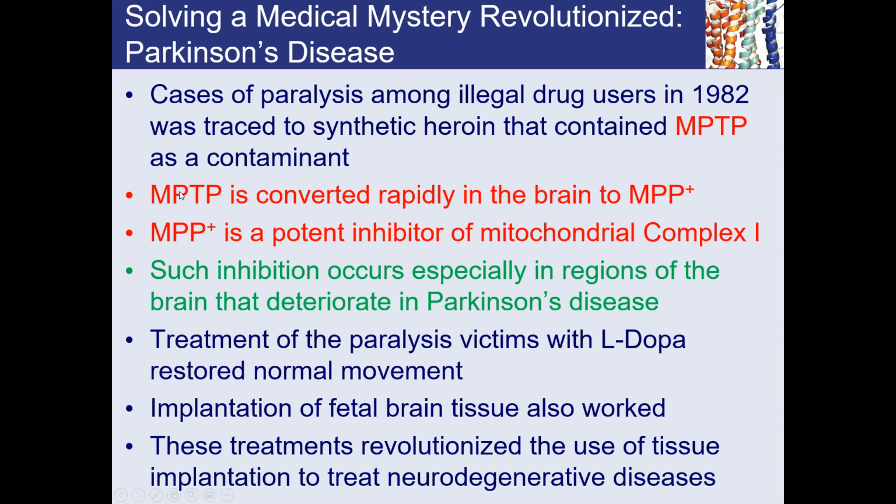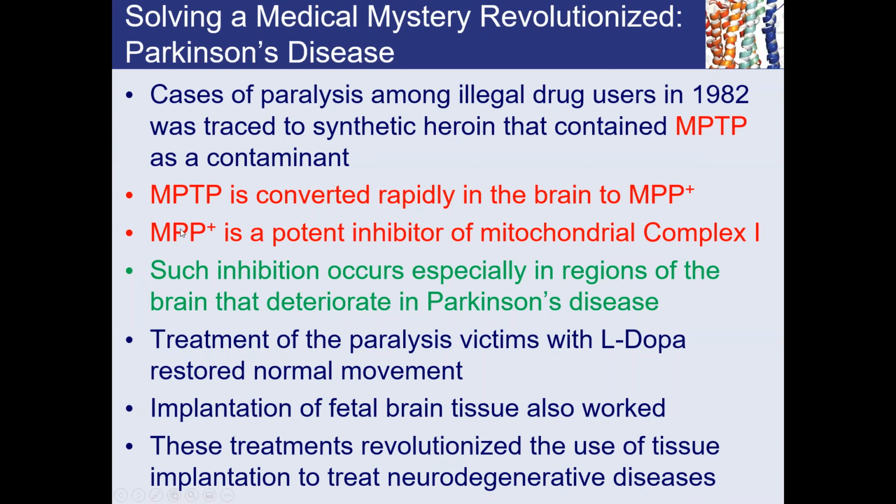And when this compound was going into the brain, it was rapidly getting converted to another molecule called MPP plus. Okay, MPP plus is 1-methyl-4-phenylpyridine. And this MPP plus was inhibiting complex 1. It's a very potent inhibitor of complex 1.